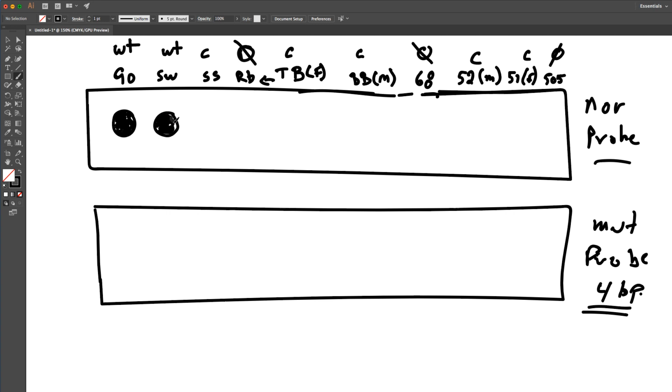Now SS is an Ashkenazi Jewish person, and they are a carrier, they say, for this probe, and so they have a wild type form and they have a mutated form.